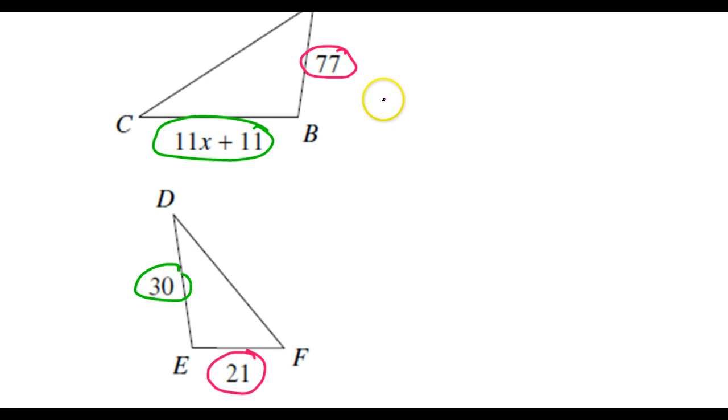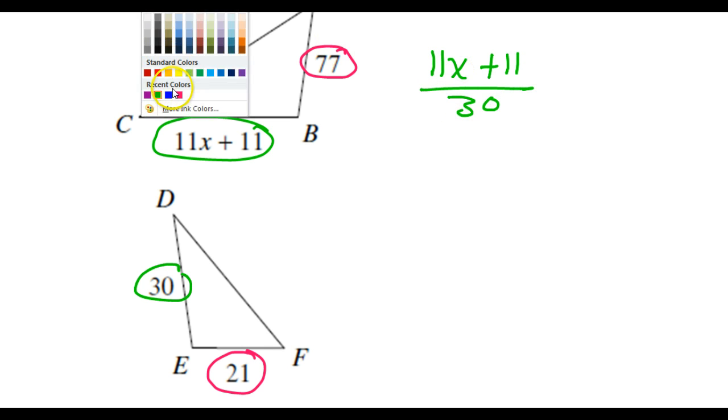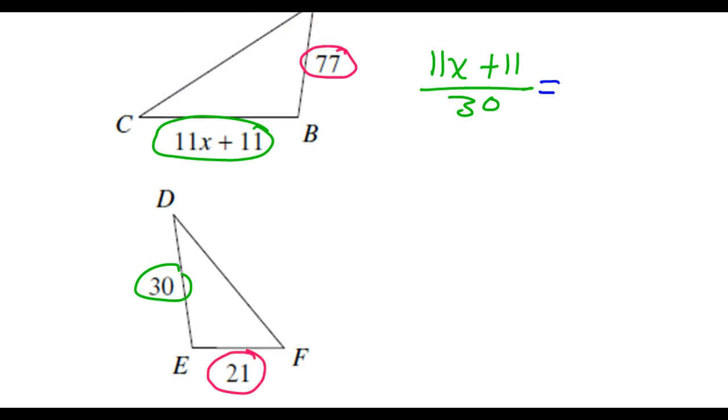So I'm going to make my two fractions, green over green and pink over pink. So that will be 11x plus 11 over 30, and that should equal 77 over 21. Okay, so we just need to cross multiply.